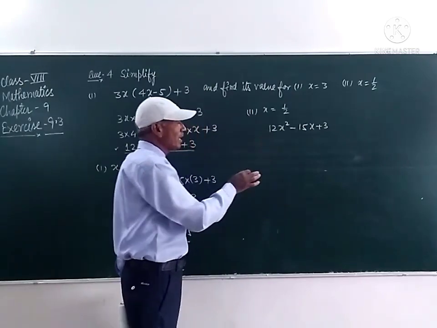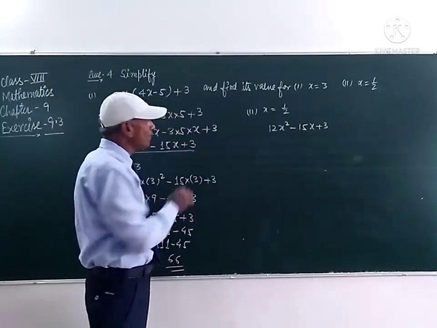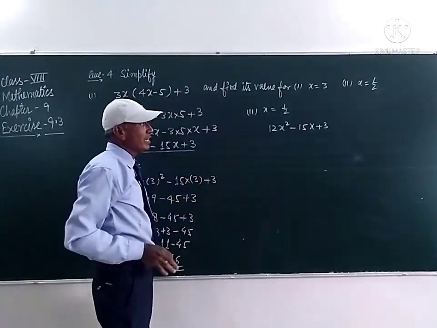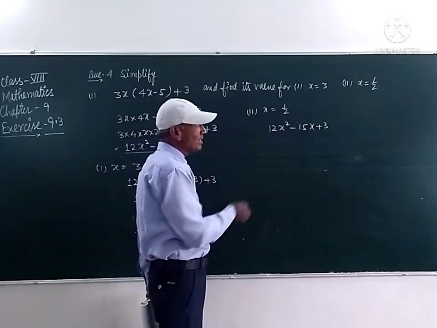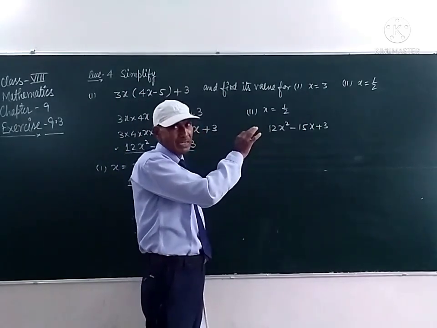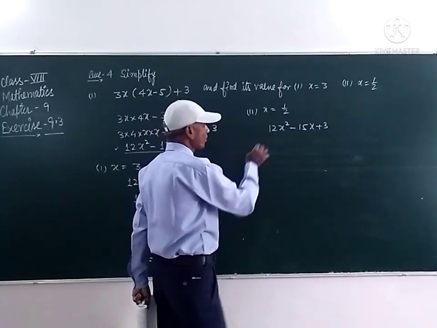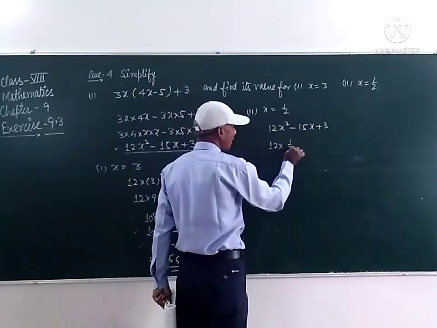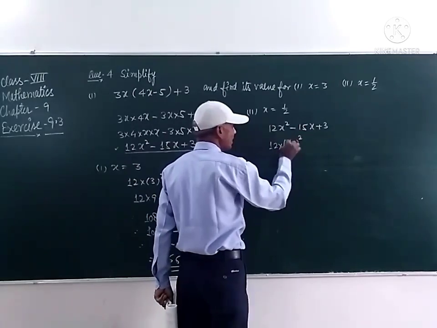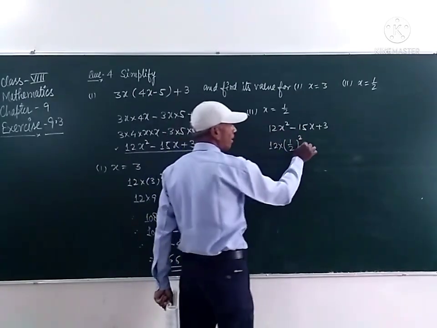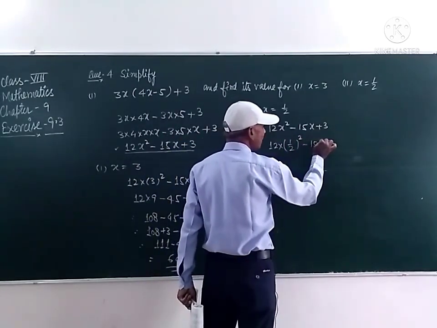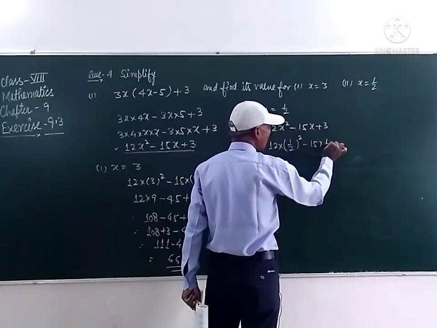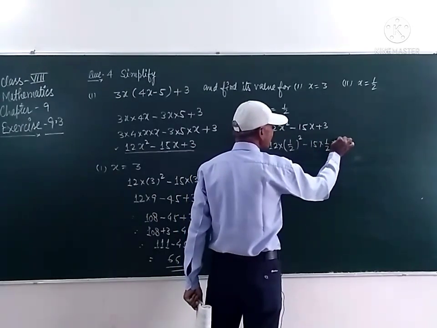This is the simplification of the expression, student. After multiplying, we find this expression. Now in this expression, we have to put the value of x, that is 1 by 2. So in this, student, 12 into 1 by 2 whole square, because it is x square, student, minus 15 into 1 by 2 plus 3.